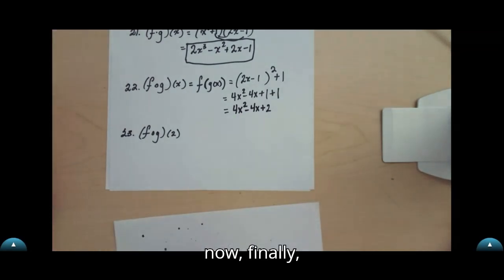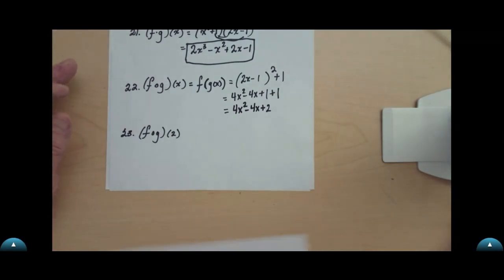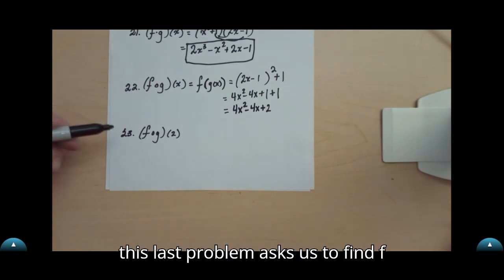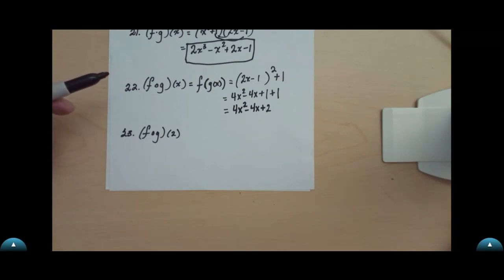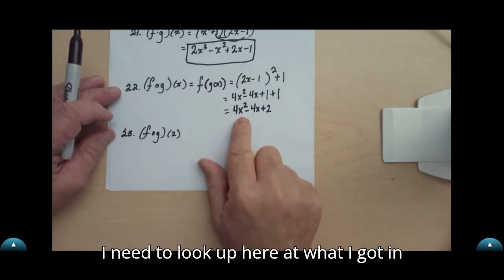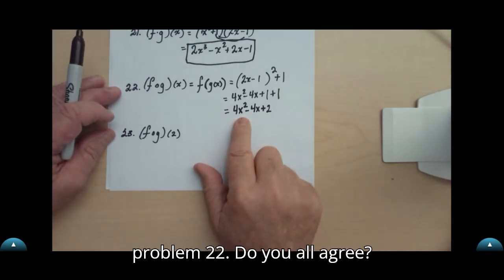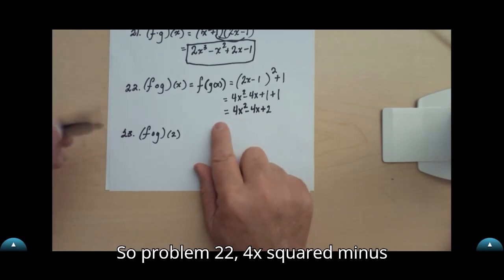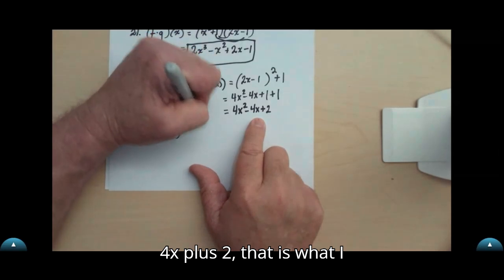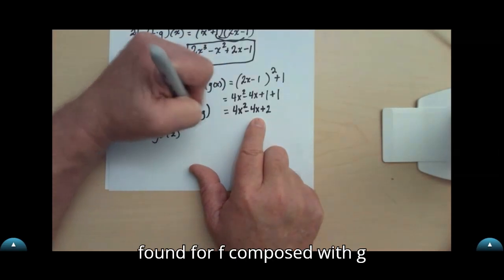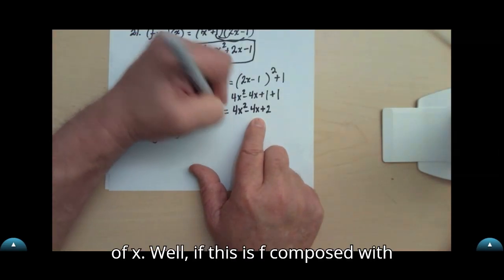Okay, now, finally, this last problem asks us to find f composed with g of 2. How should I do that? I need to look up here at what I got in problem 22. Do y'all agree? So problem 22, 4x squared minus 4x plus 2, that is what I found for f composed with g of x.